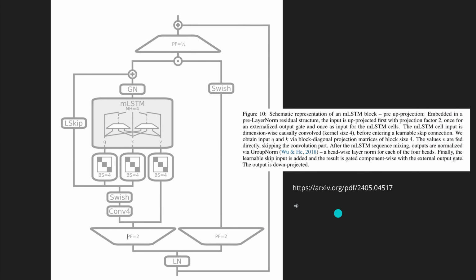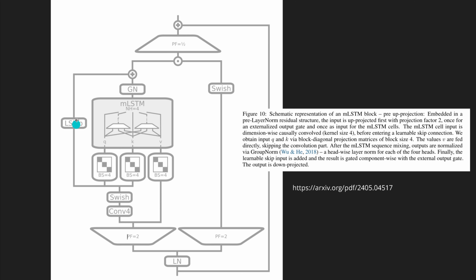Now, if you want to see the complete structure, this is the original paper. I was focusing only on the key idea, the key component of this network. You see we have our query, our keys and our values coming in. And instead of self-attention as in the transformer, we now have this interesting interplay of our complex memory matrix with our gates, exponential gating, that control the influx and the forgetting of information.